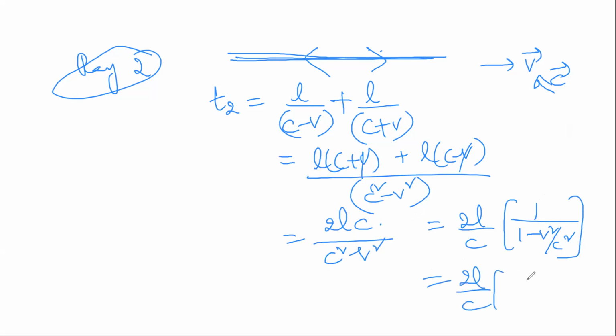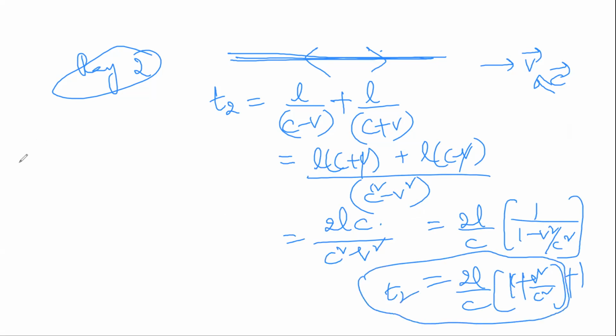Finally, I'll get it as 1 minus V square by C square whole power minus 1. Then by binomial expansion, this is T2, time taken by wave 2. So total time traveled is delta T, which will be net T2 minus T1.